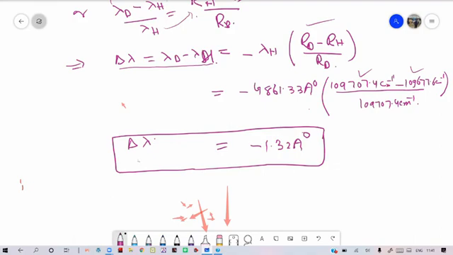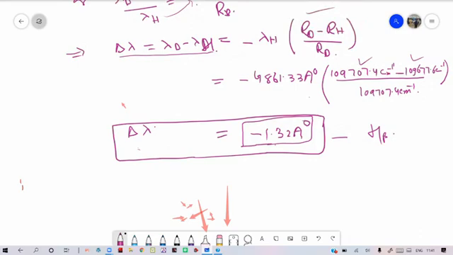When you replace hydrogen by deuterium, there will be a shift in the electronic energy level. That is the H beta line of the deuterium. It will be at this position. This will be the gap, the difference between these two. So this is how the difference arises because of the isotope effects.